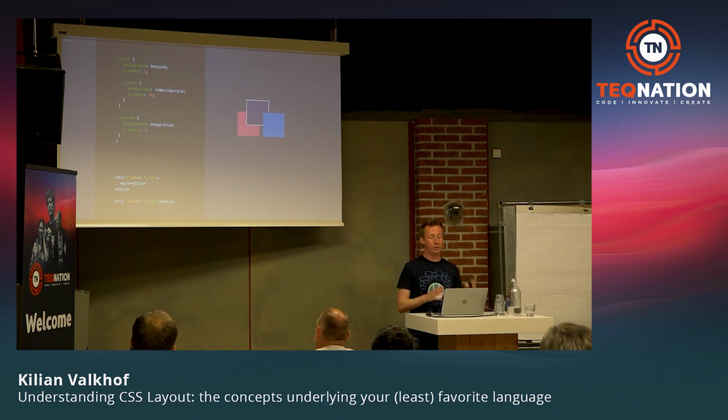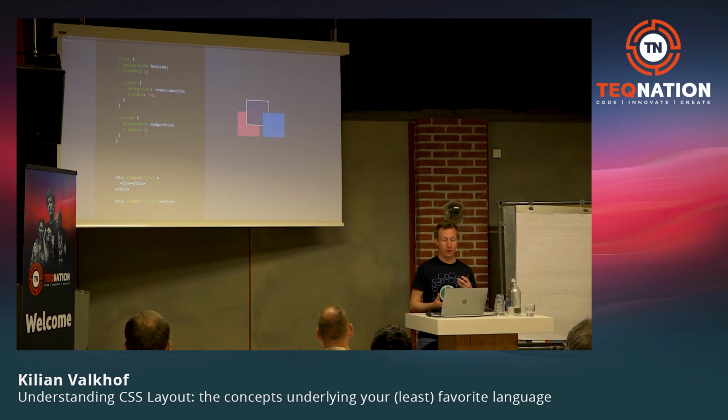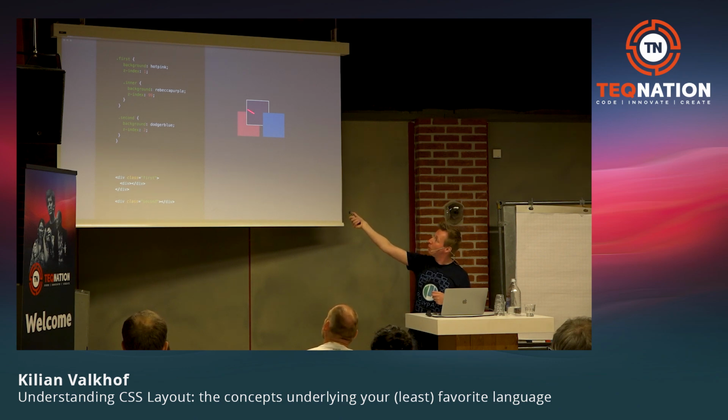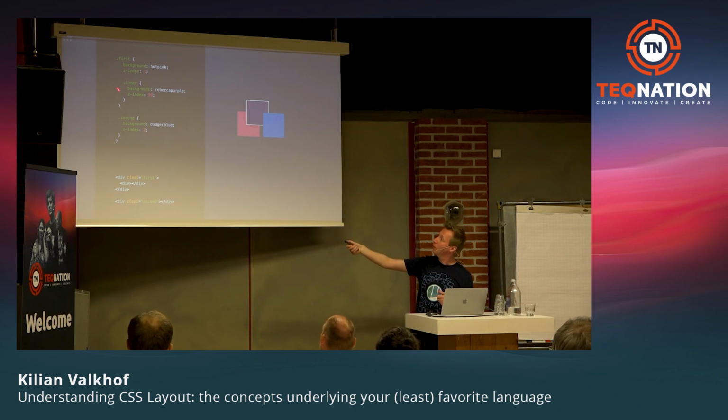Now that reordering only happens inside a stacking context, and there's no way to break out of that. So you can see here that even though my purple inner box has a z-index of 99, it's still behind the blue one, even though that only has a z-index of 2. And that's because my inner is inside this first div with a z-index of 1.